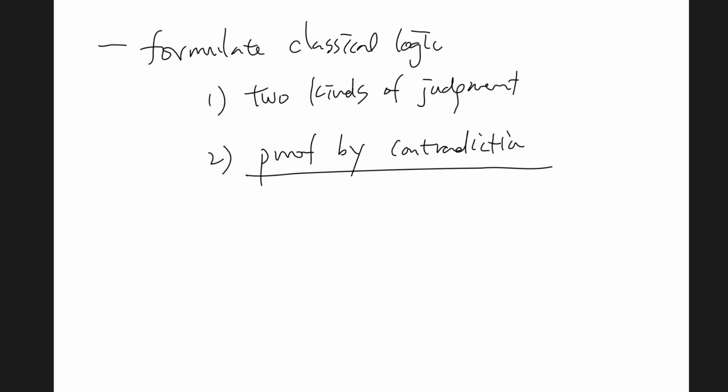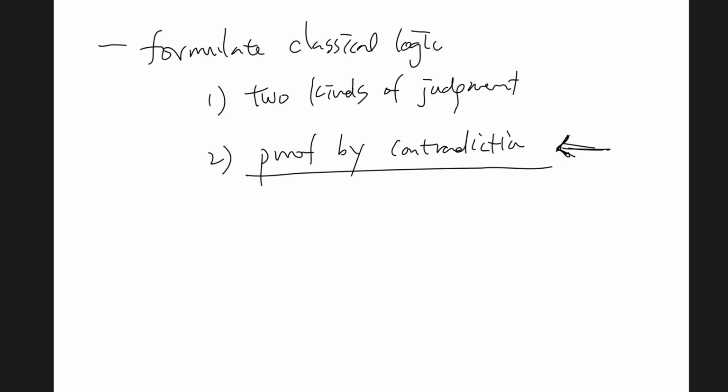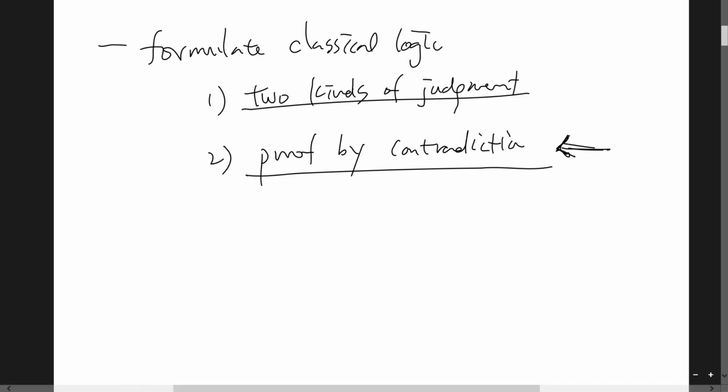That's the typical pattern of classical logic. So we have to use this idea some way, in one way or another. And we'd like to introduce two kinds of judgment, namely truth judgment and false judgment.